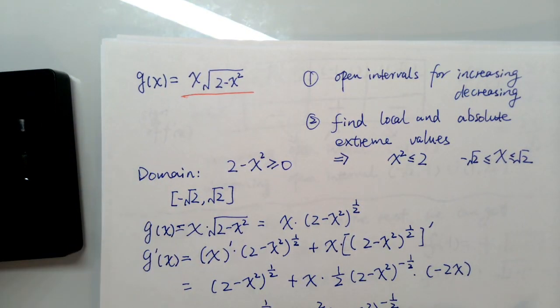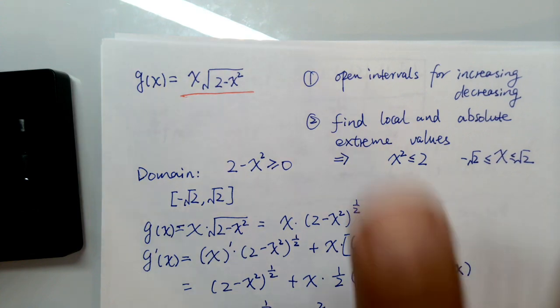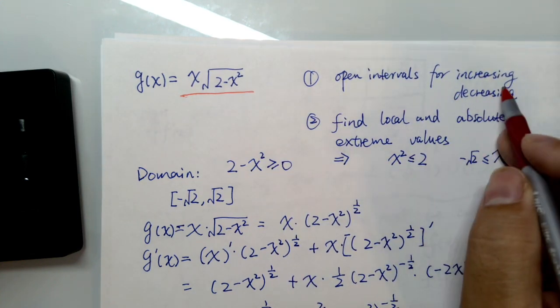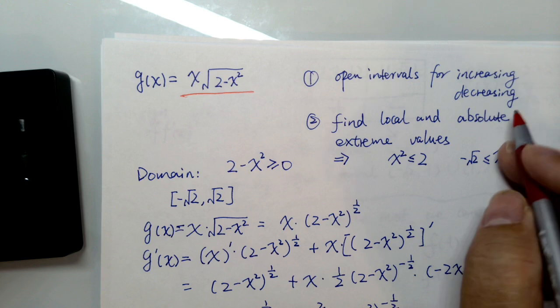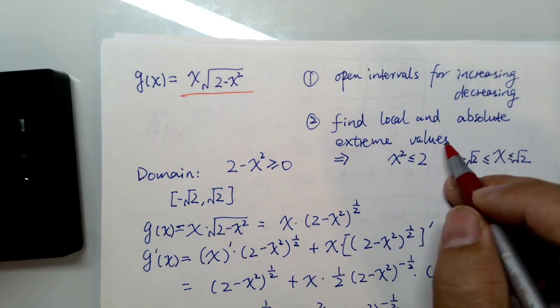g of x equals x times the square root of 2 minus x squared, and it asks two questions: find the open intervals of increasing and decreasing, and find the local and absolute extreme values.